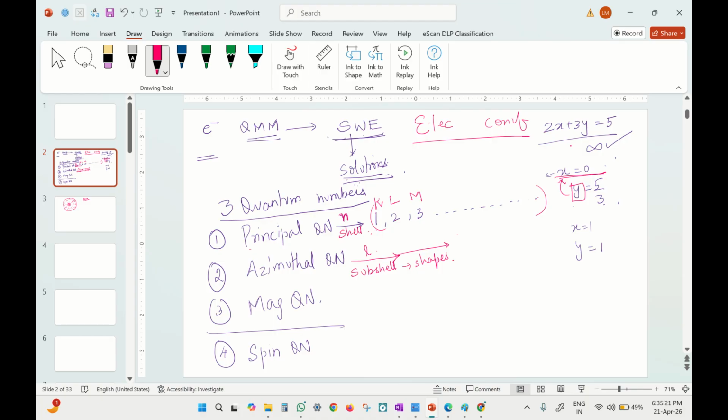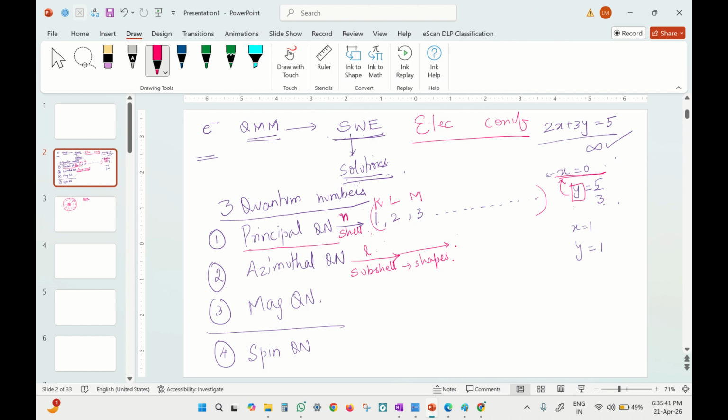If you say X is equal to 0, the declaration is X is 0. So Y will automatically depend upon the X value. Same way, the principal quantum number is declared as, let us say, 1. Then the connected subshell will depend only on the principal quantum number. So it is governed by the principal quantum number, right?